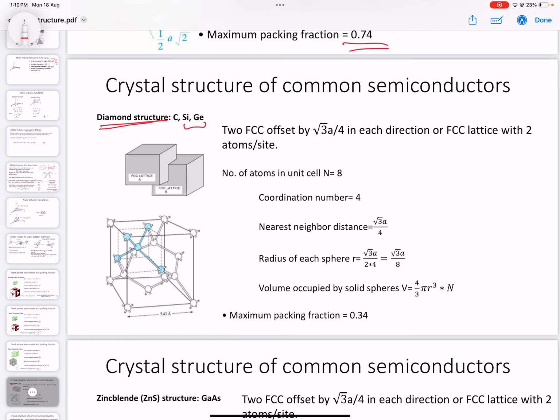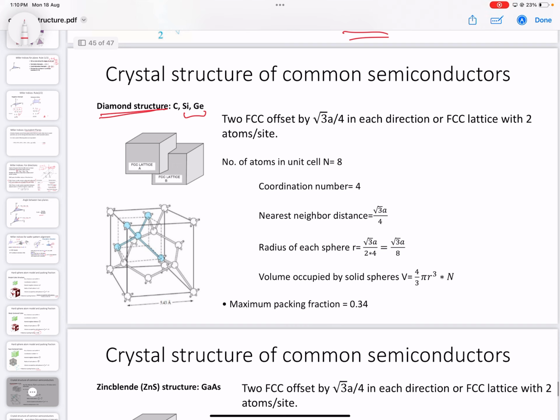The structure is two FCC lattices displaced by 1/4 along the body diagonal. You take a cube and move it by a 1/4 distance along the body diagonal, and this is how you get the two FCC lattices offset from each other. This is one of the possible ways to understand it.